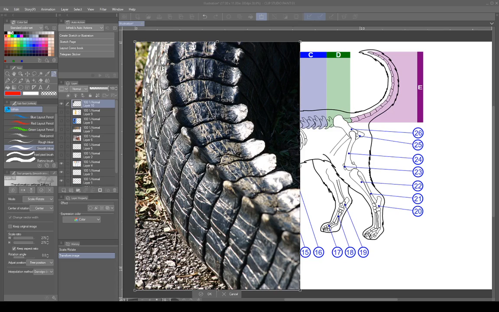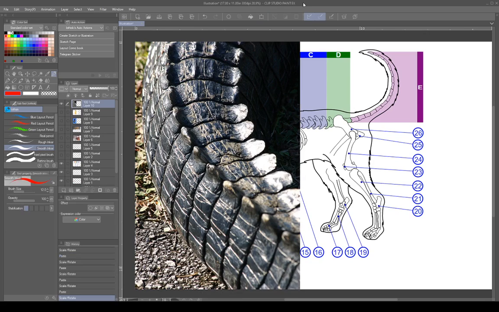I'm not drawing right now because my tablet decided to crap out on me. Thanks, Wacom. All right, let me see here. Here we go. Sorry it took so long, but I did find an example.